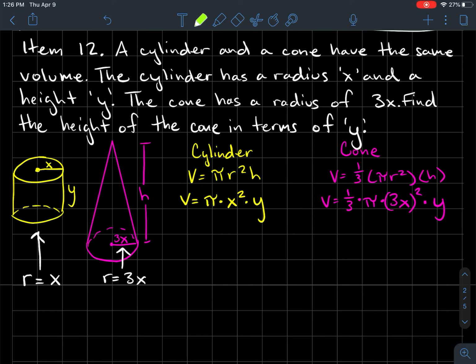When we were doing our reading, it said a key detail is that a cylinder and a cone have what? They have the same volume. So that means their volumes are equal to each other, and we can set each of their volumes equal to each other.